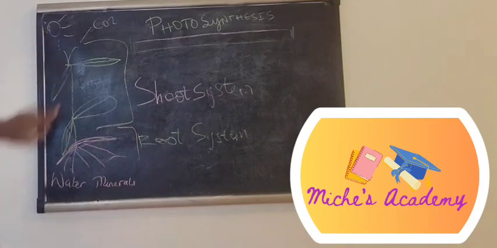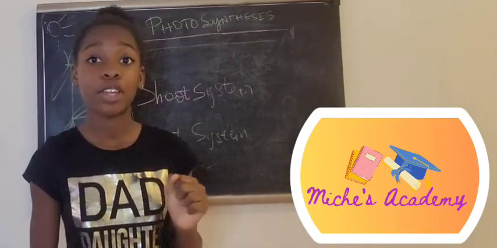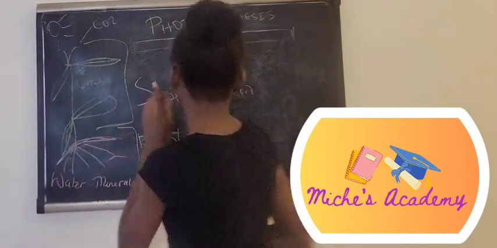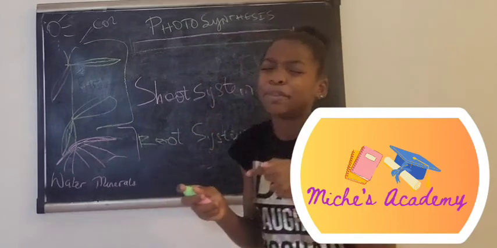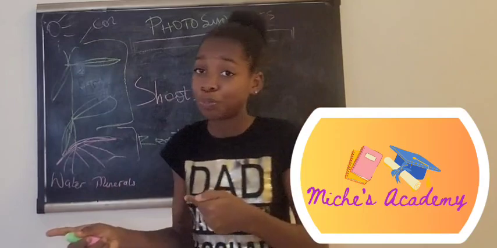Sunlight gets absorbed by the plant and enters the organelle called chloroplast. Now, that's not the end. It enters the part inside the chloroplast called the chlorophyll.